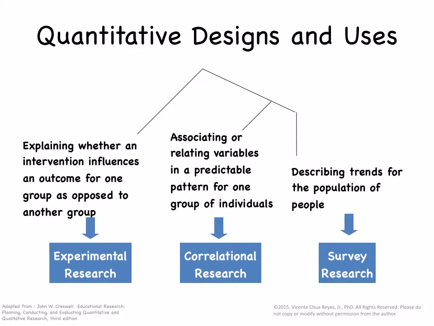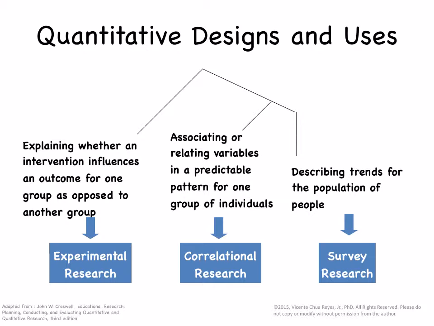What are the designs and uses of quantitative research? In an earlier slide, I spoke about three different quantitative research designs. One would be experimental research, the other one would be correlational research, and the third one would be survey research.